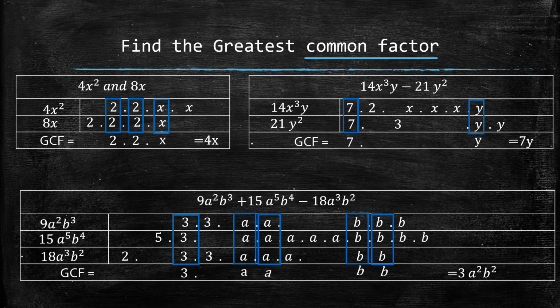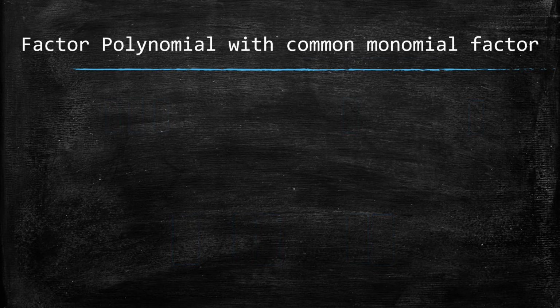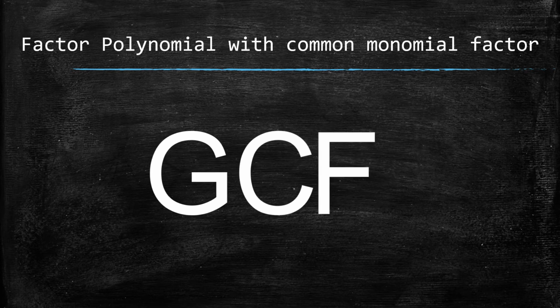Let's have an example. Let's use it now to factor these given ones. Okay? To factor this polynomial, factor a polynomial with a common monomial factor. Again, don't forget the greatest common factor. That is really the key here, class.